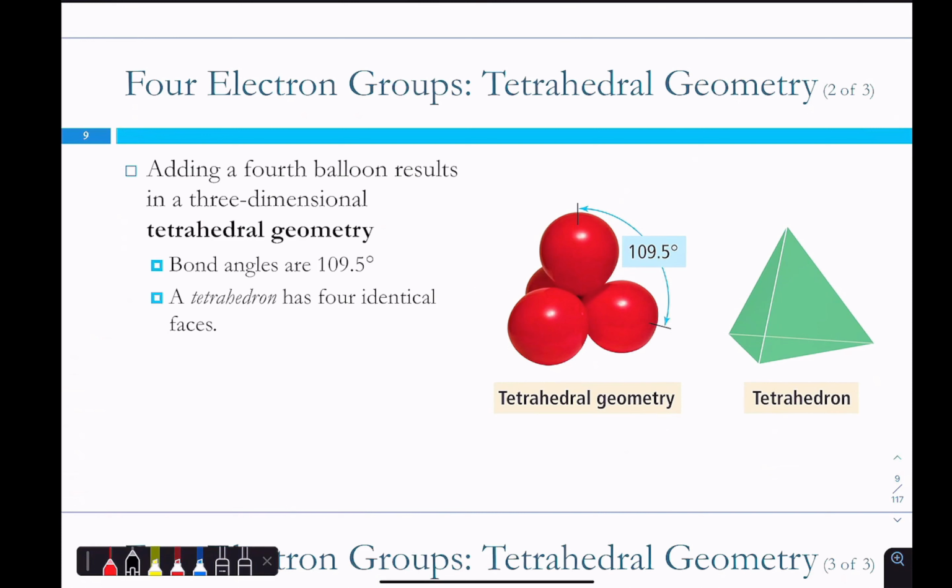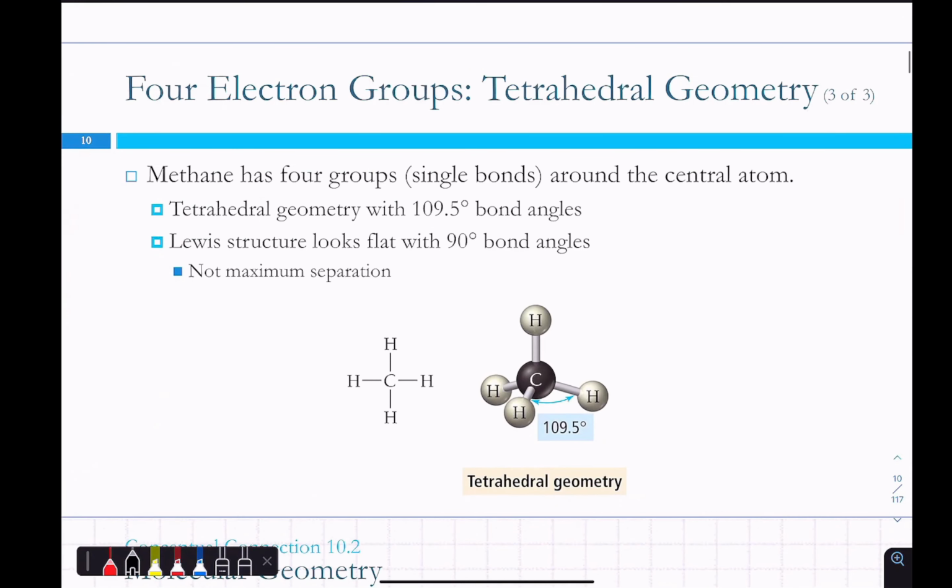Wow. So that's tetrahedral. Methane has this configuration. Of course, when we draw the Lewis structures, it's flat. When you look at this, that's 90 degrees, which is why it's not the correct geometry, because we can get this 109.5, which is more.